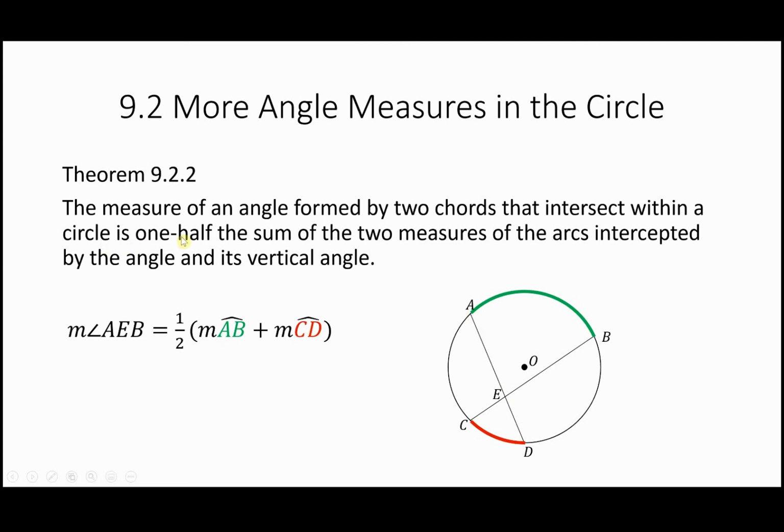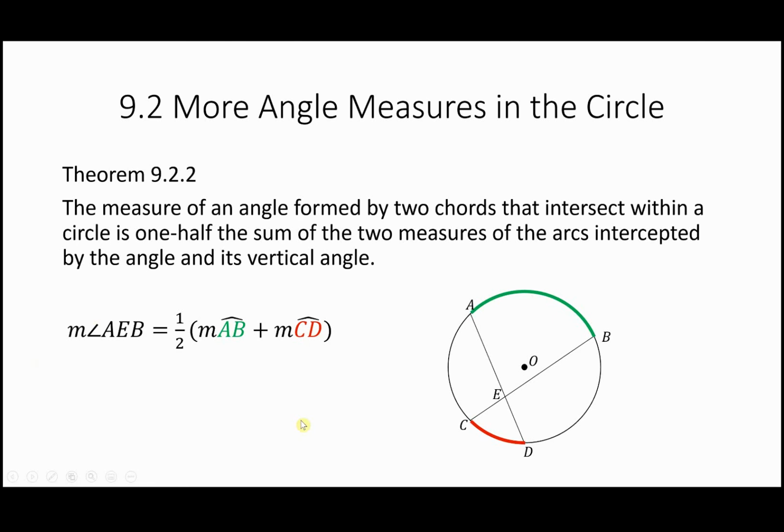Then we have to take 1/2 of the sum of the two measures of the arcs intercepted by the angle and its vertical angle. So here's the angle in question, angle AEB, and its vertical angle is angle CED. So we have to take half of the sum of the arcs that are intercepted by those two angles. Again, the two angles are the angle in question and its vertical counterpart. Okay, cool. So that's the formula that goes with that.